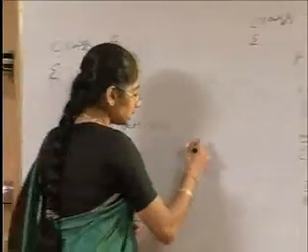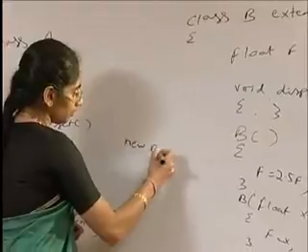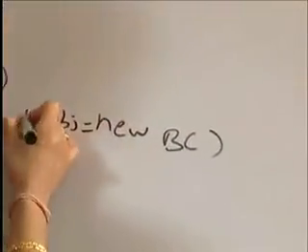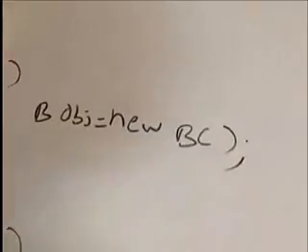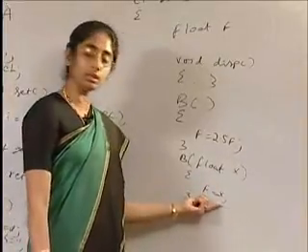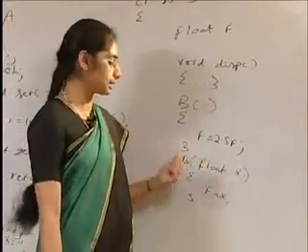When we create an instance of this class B by saying new B, it comes into this constructor, but notice that we have not written any call to the parent constructor.